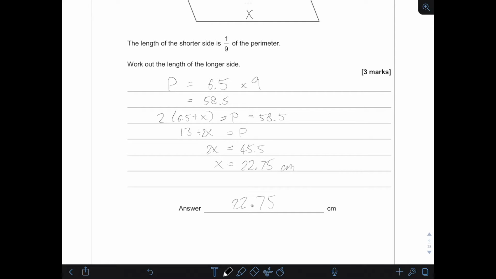So for these questions, make sure that you put the answer into the answer slot rather than above, because they can be pedantic and not give you the mark, which is annoying, but what can you do?